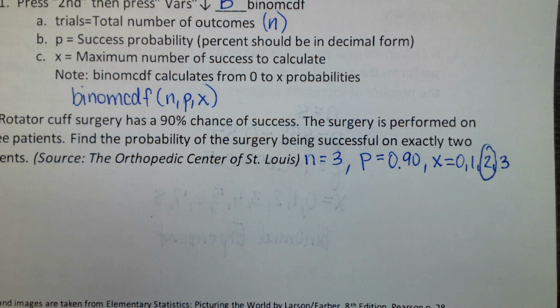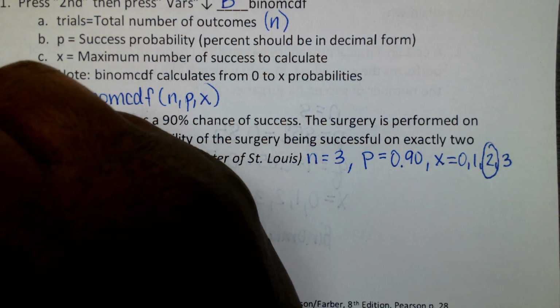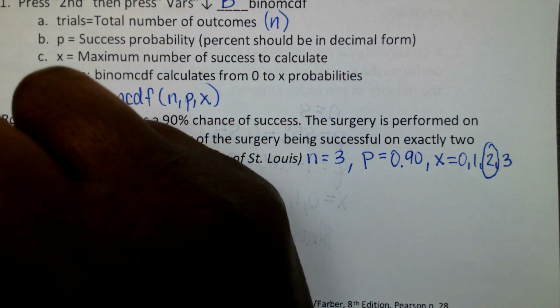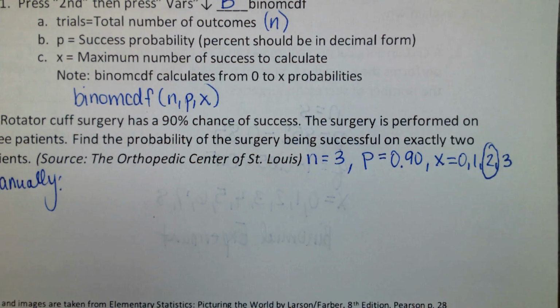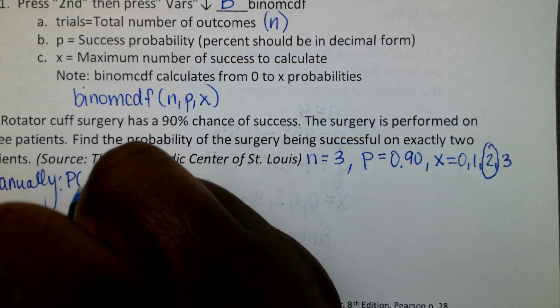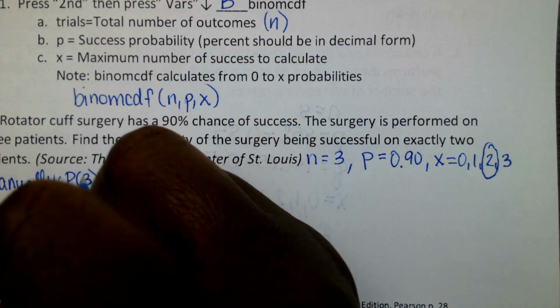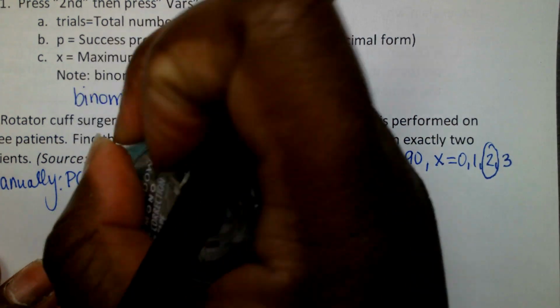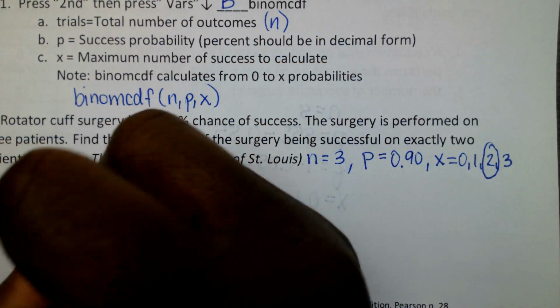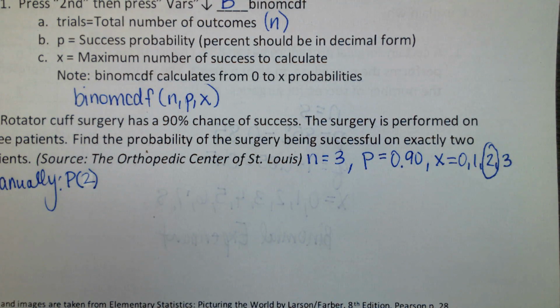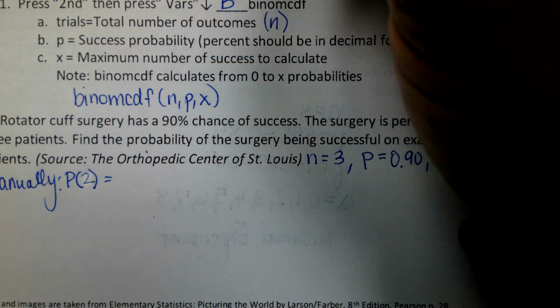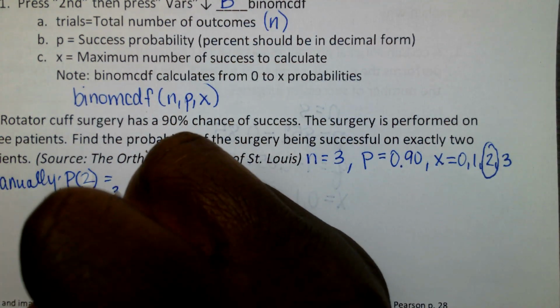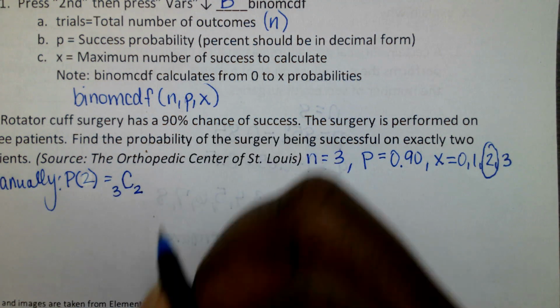So let's work this out manually first, and then we're going to work it out in the calculator. So manually, I'm going to find P of 2. P of 2 is equal to, and I'm just looking up here at my formula, 3 is my N. I'm choosing 2.